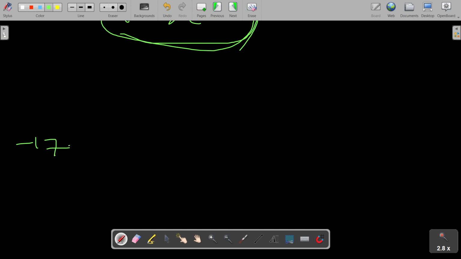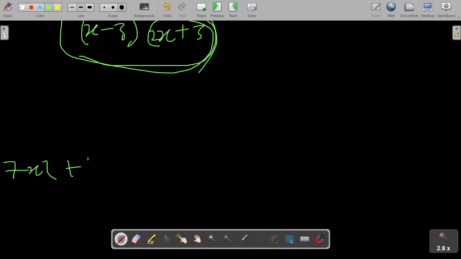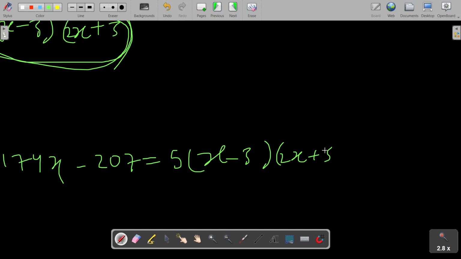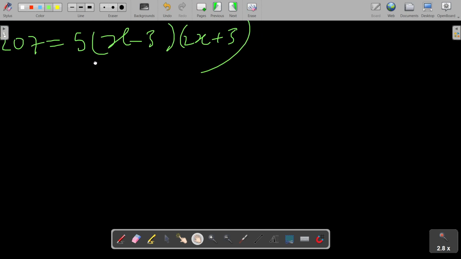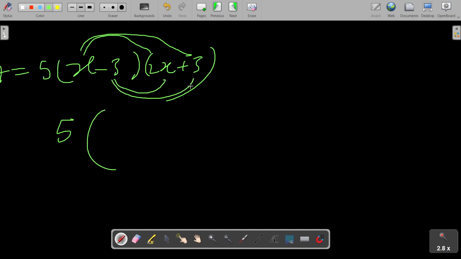So I'm left with negative 17x square plus 174x minus 207 equal to 5 into x minus 3 into 2x plus 3. Let's simplify this by multiplying this with this and this with this, and after that, this and this.